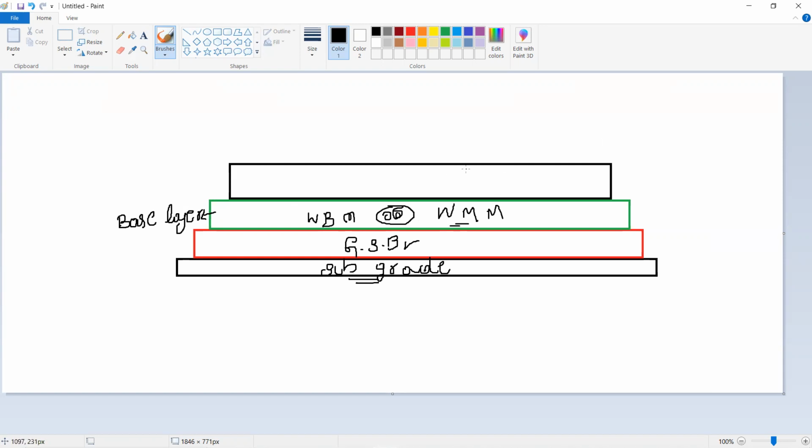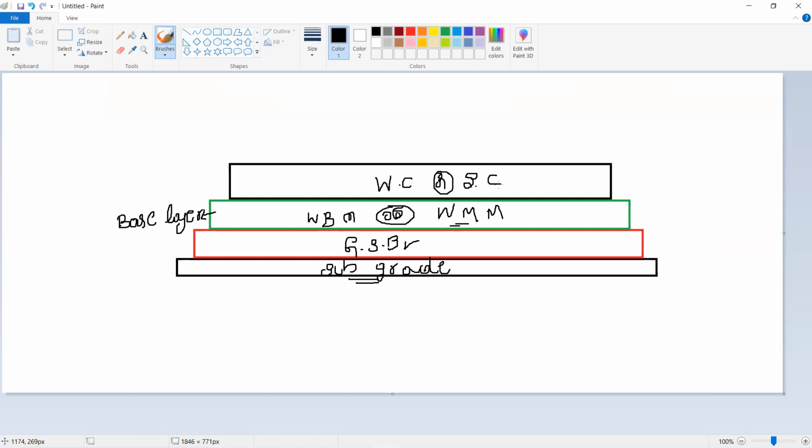And we all know the topmost portion of the road is made up of bitumen, and we can call this topmost layer the wearing course or the surface course.